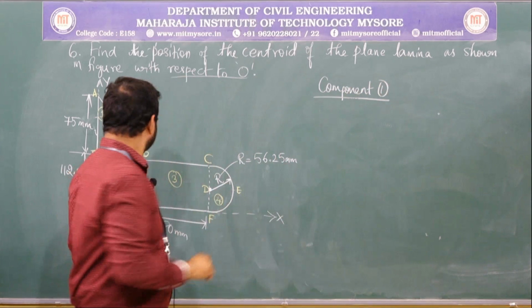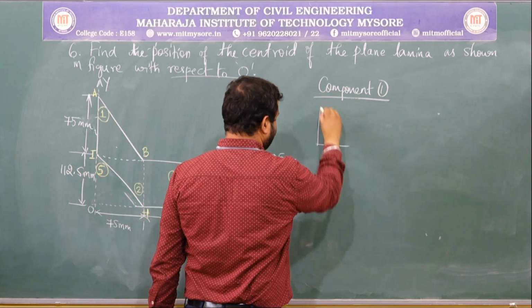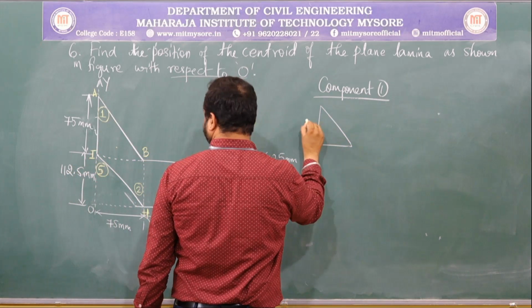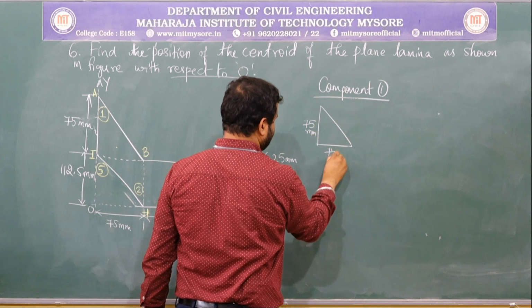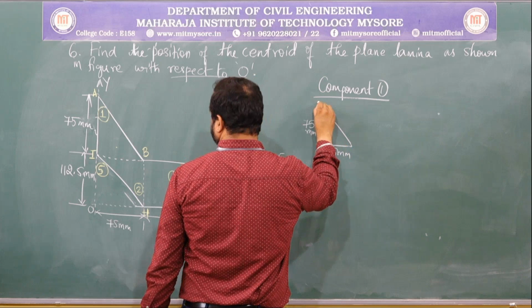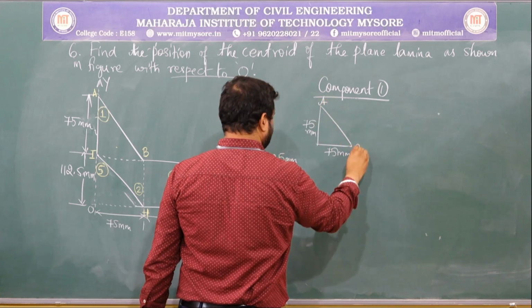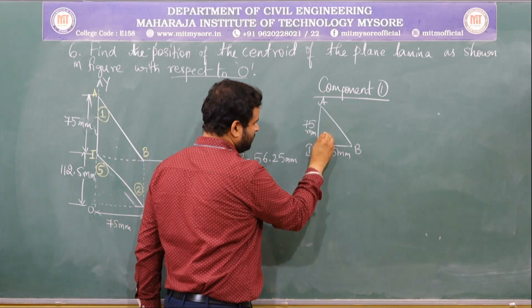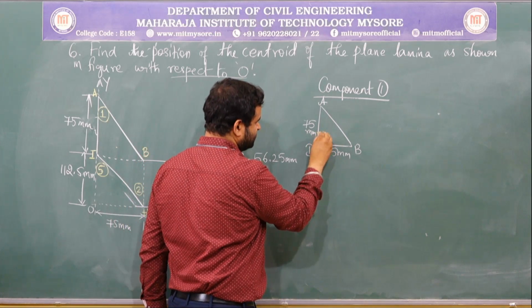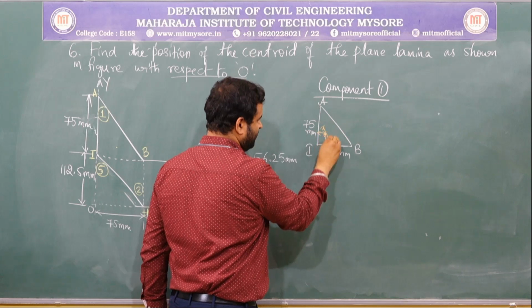So, component 1 is a right angle triangle with the dimensions of 75 mm and 75 mm, and the sides are A, B and I, and we know to locate the centroid of a right angle triangle like this, x and y.